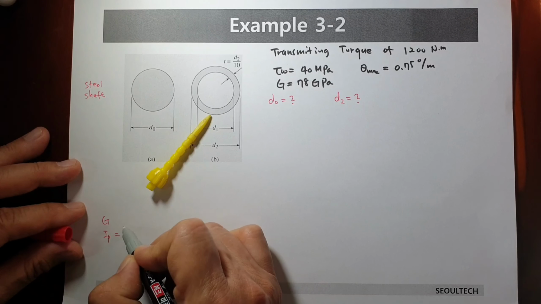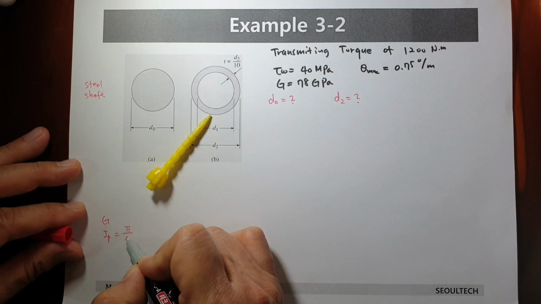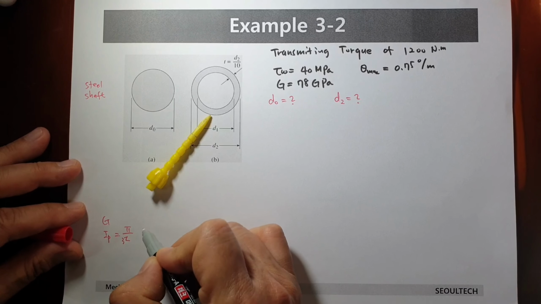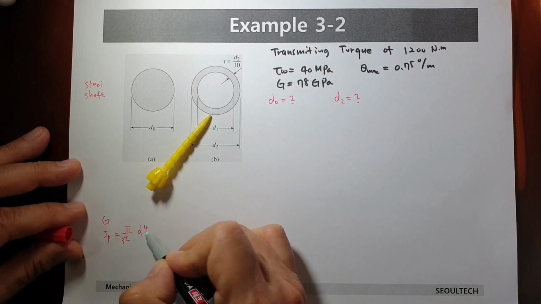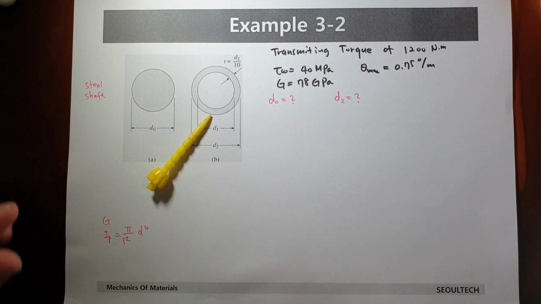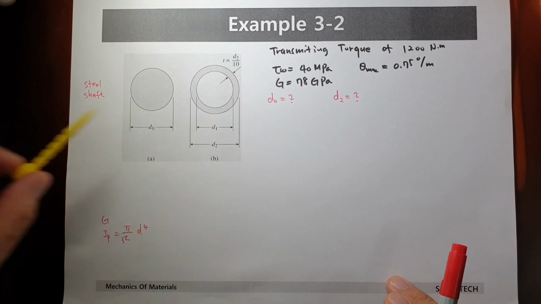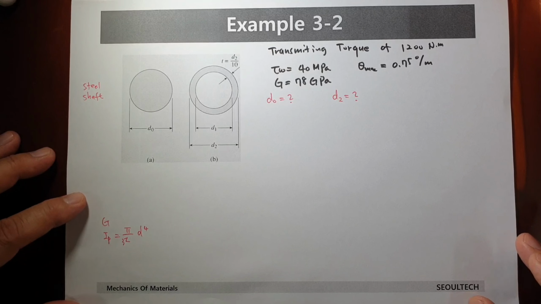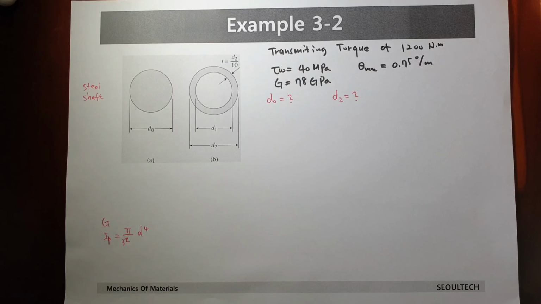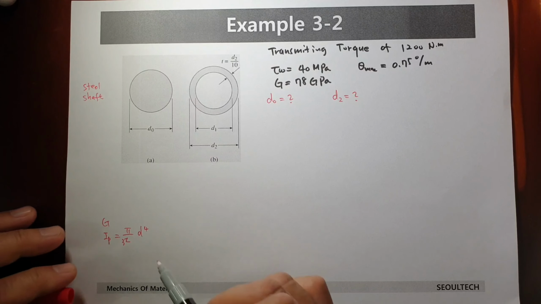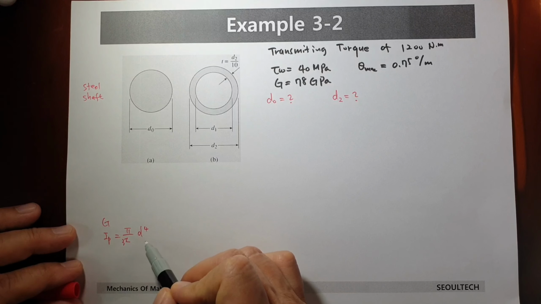Polar moment of inertia is in the normal case 5/32 D to the power of 4. That's why it's mainly dependent upon the size or shape of the cross section.